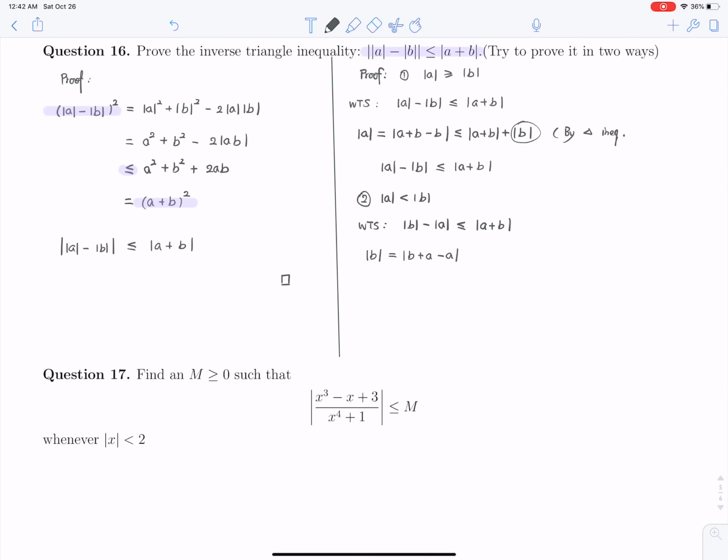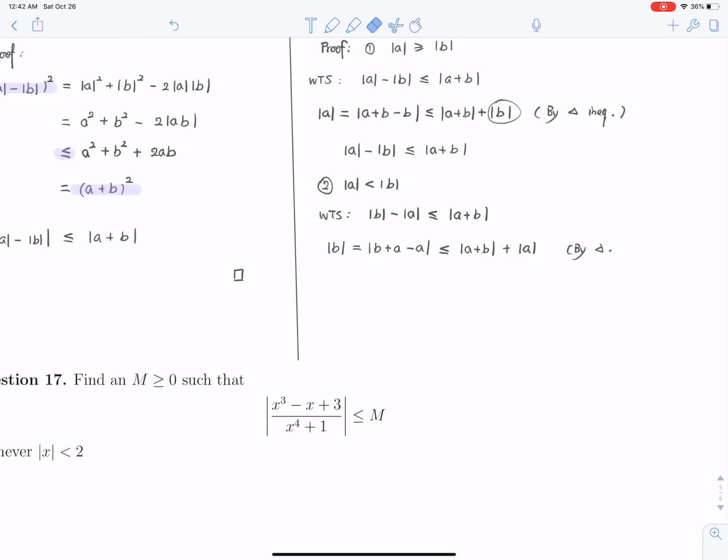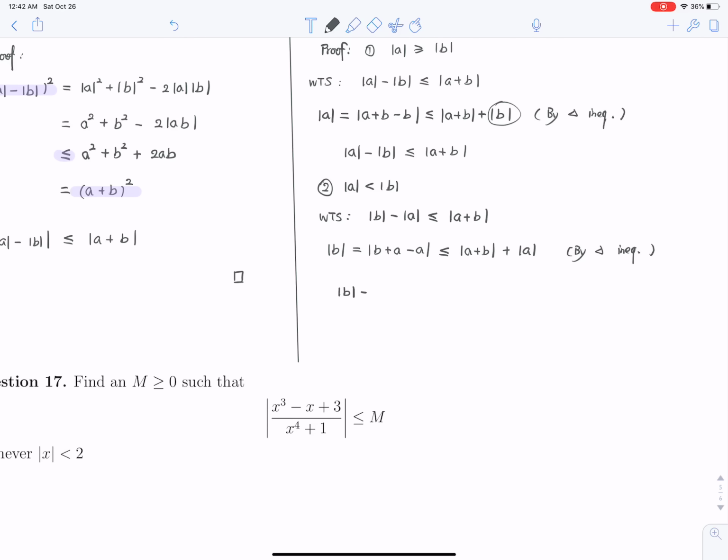We have the absolute value of A plus B plus the absolute value of A, again by triangle inequality, and if you move it around, you'll get the absolute value of B minus the absolute value of A is smaller than or equal to the absolute value of A plus B. And we are done. Proof.